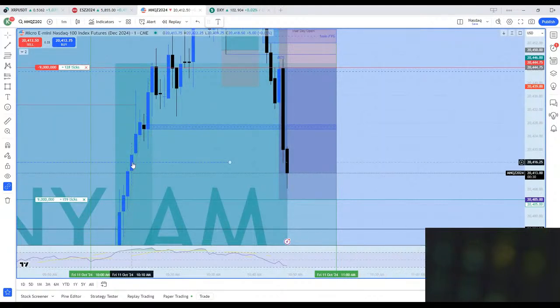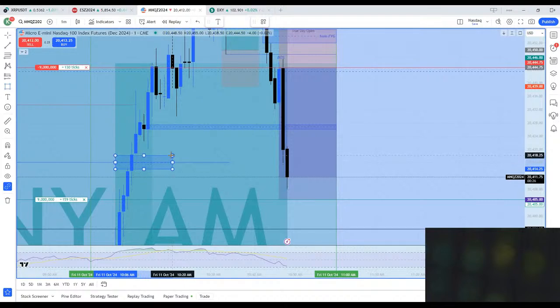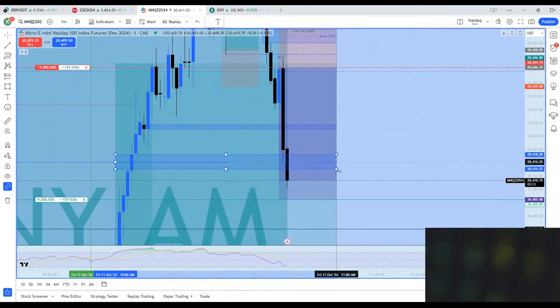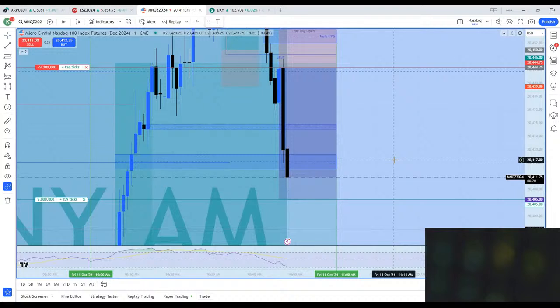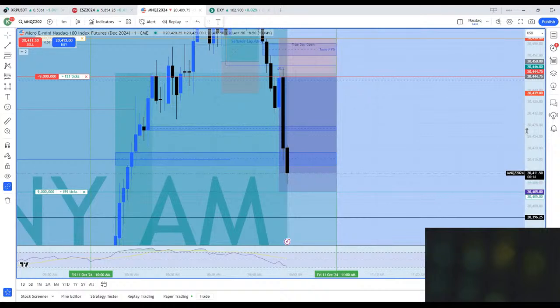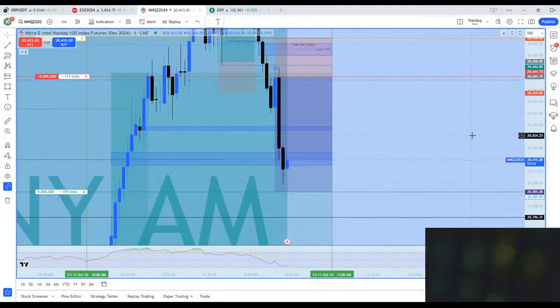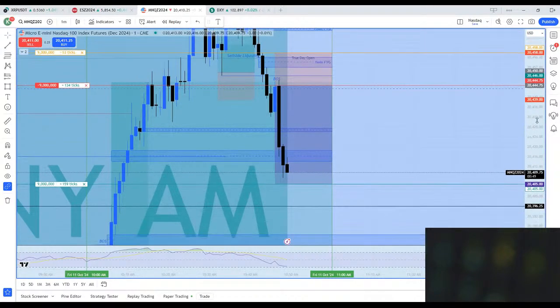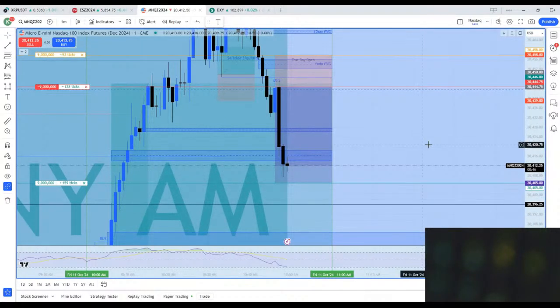There's a little fair value gap right here. Might act as a little resistance, but not much. Looks like it's about to smack the target now.